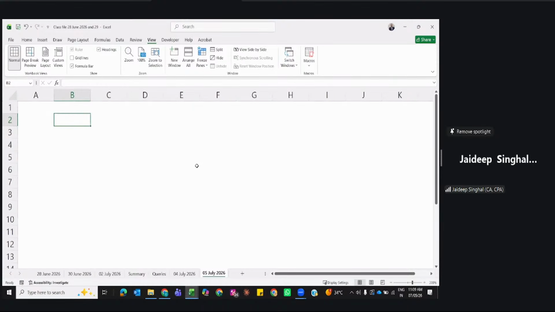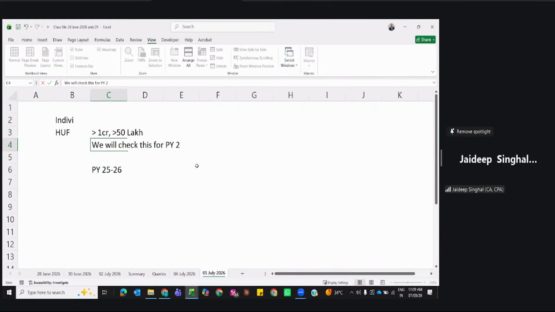See, I said for individual HUF, their turnover normally should be greater than 1 crore or greater than 50 lakhs. Now, first of all, there is one point I think I missed to mention yesterday. This we see for the last year. We are solving for previous year 25-26, so we will check this limit for previous year 2024-25.